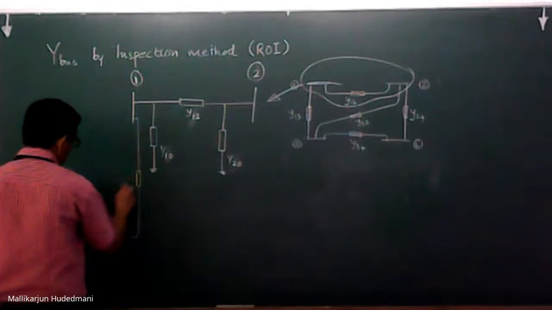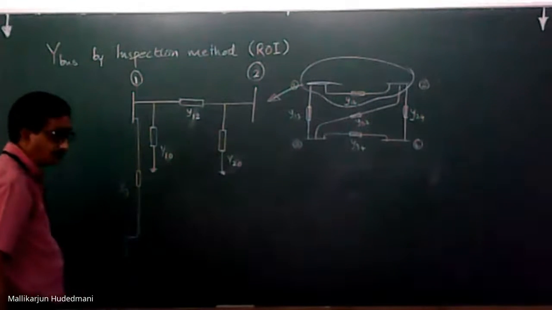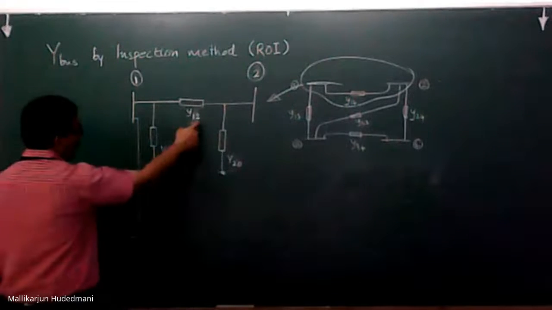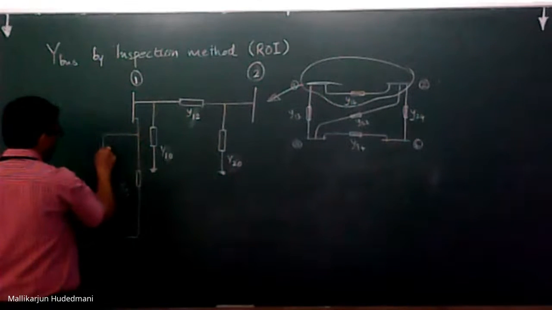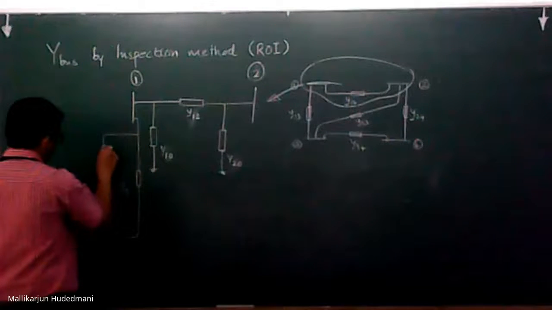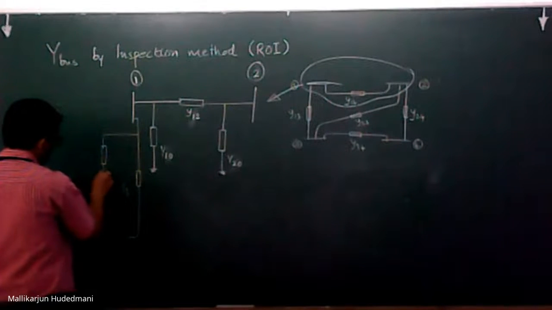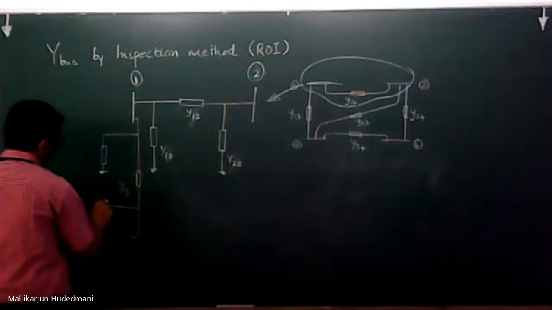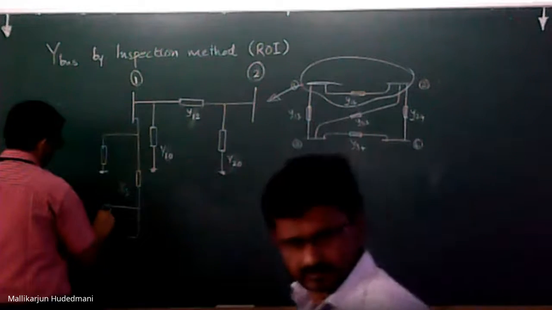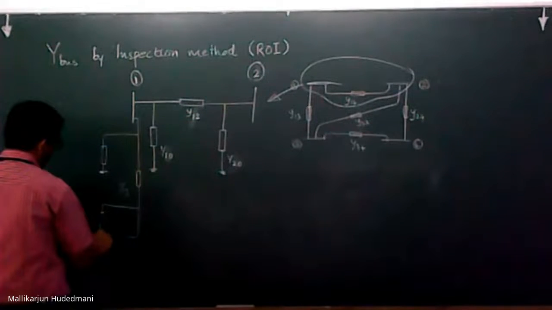Correct? This is y13. Then this line I have to model like this. Then I will have a line like this. A ground here. This is y30.